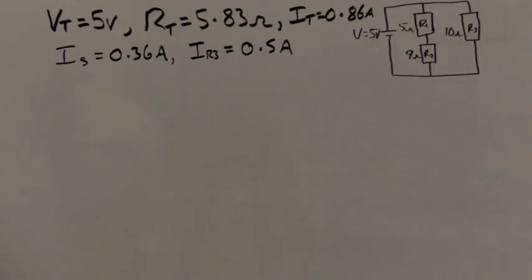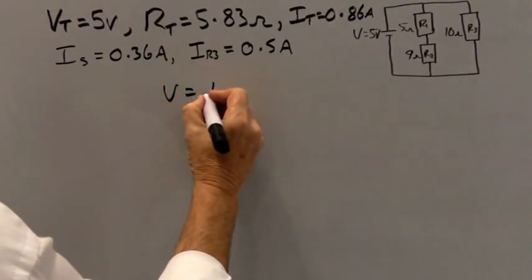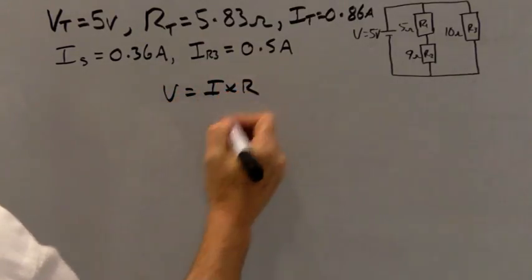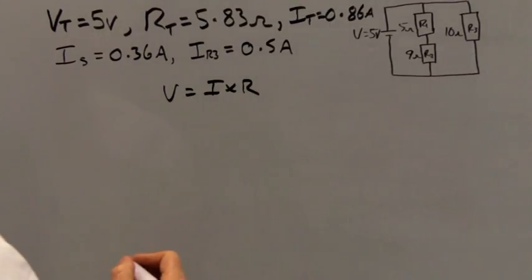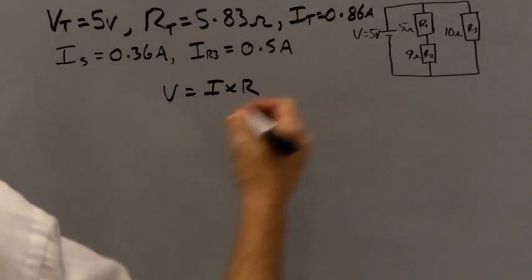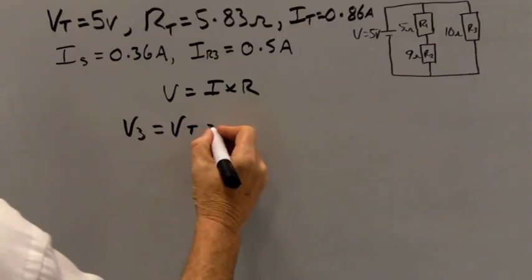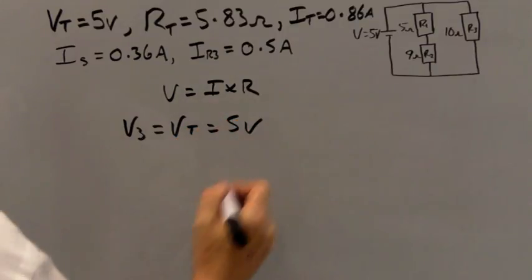Now I need to find the value of the voltage drop across each resistor, and to do this I'm going to use Ohm's law. V equals I times R. For V3, we know that there's 5 volts across it, so V3 is just going to equal VT, which equals 5 volts.